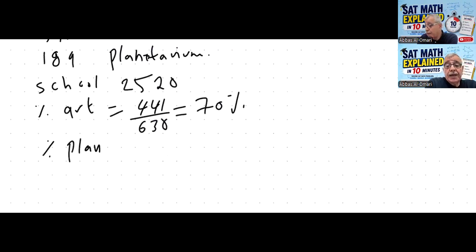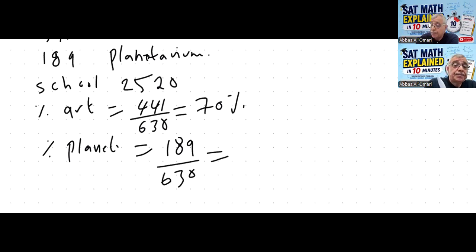equals 189 divided by 630, and that should equal 30%, because the summation should equal 100.